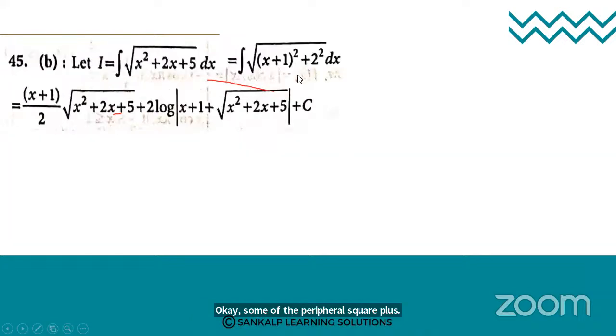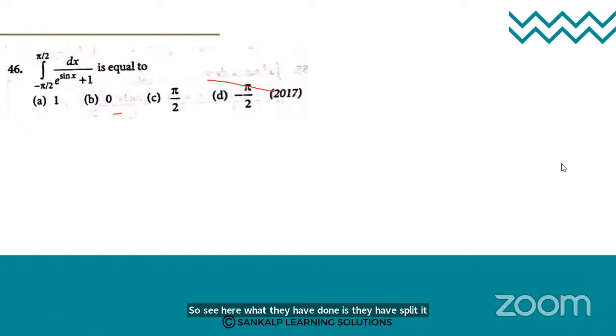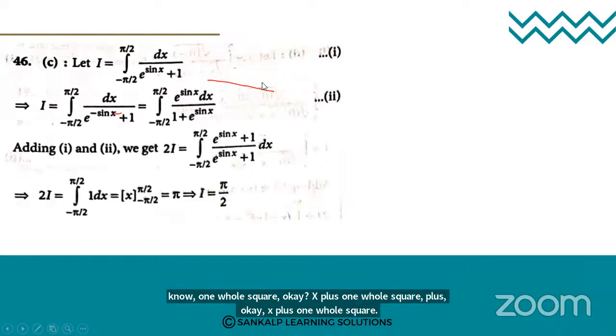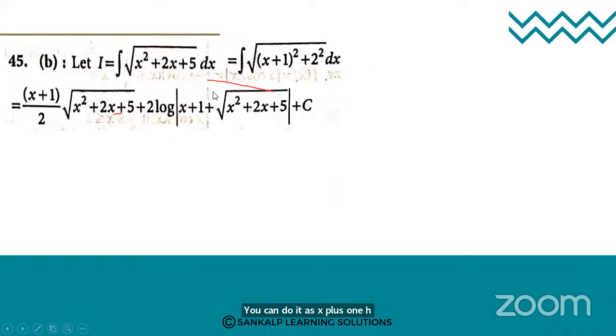So here what they have done is they have split it as x plus 1 whole square plus 2 square.